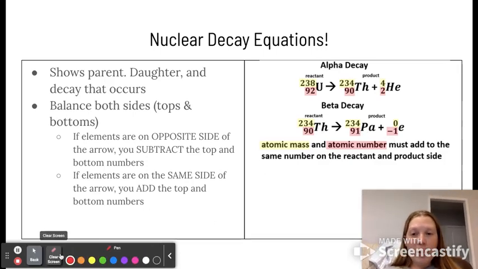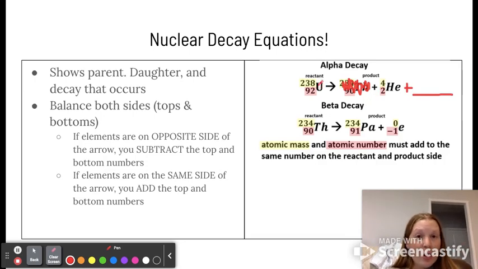So when you look at these, let's say you didn't know this one, so let's scribble that out for a second, and you want to figure out what the daughter atom is. You will take these top numbers and subtract them.